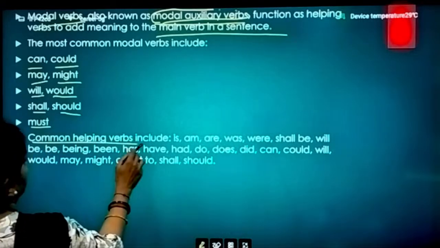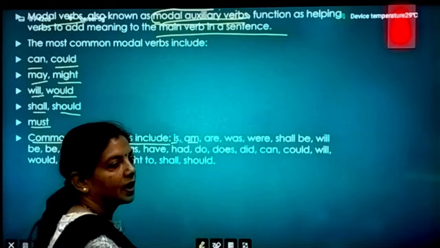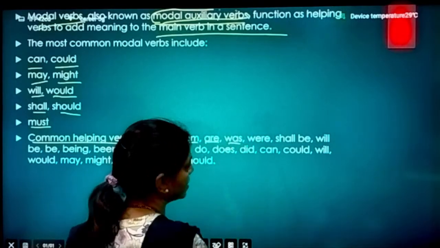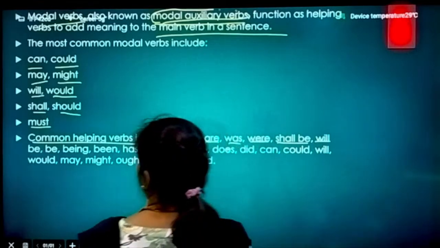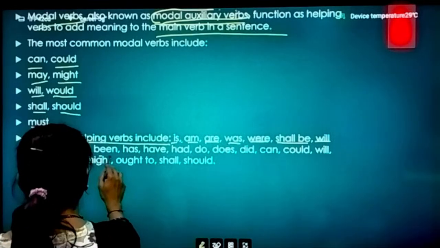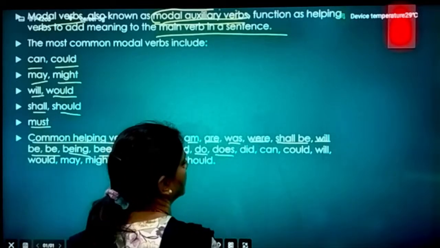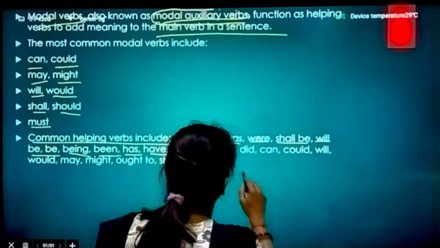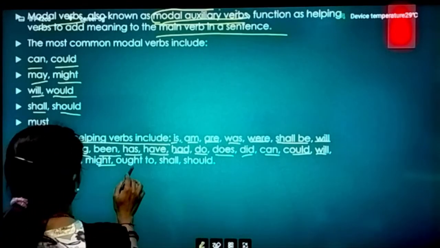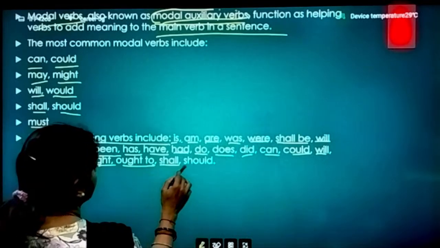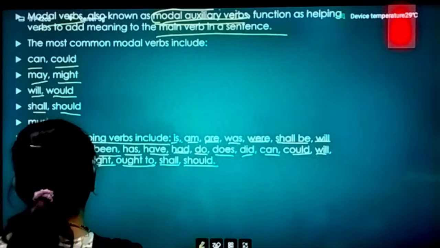Common helping verbs include is, am, are, was, were, shall be, will be, being, been, has, have, had, do, does, did, can, could, will, would, may, might, ought to, shall, should. So these are all the modal verbs.